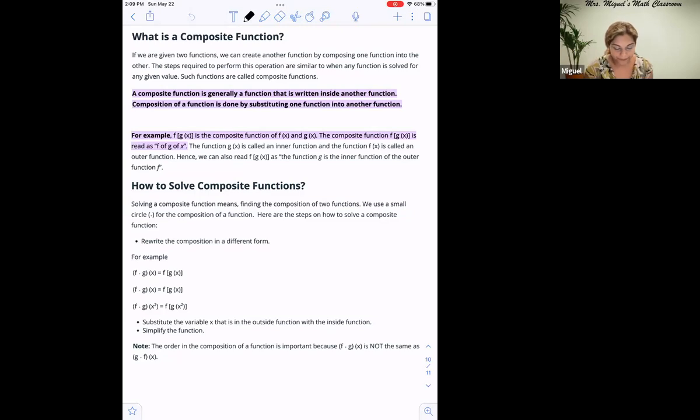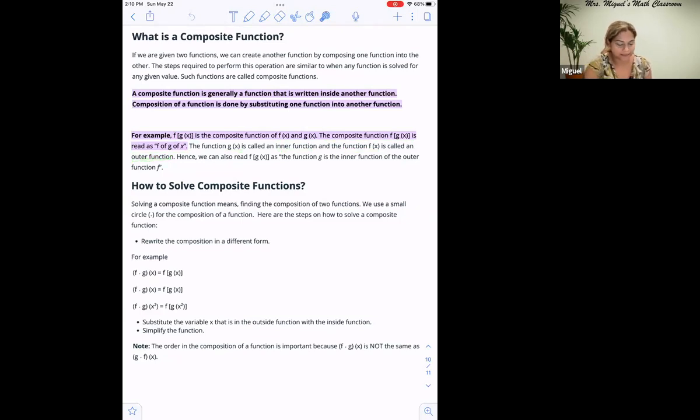So for example, this here, f of g of x is a composite function of f and g. The composite function f of g of x is written and read as f of g. So f comes first, so we read it f of g. The function g of x is called the inner function, and the function f of x is called the outer function.